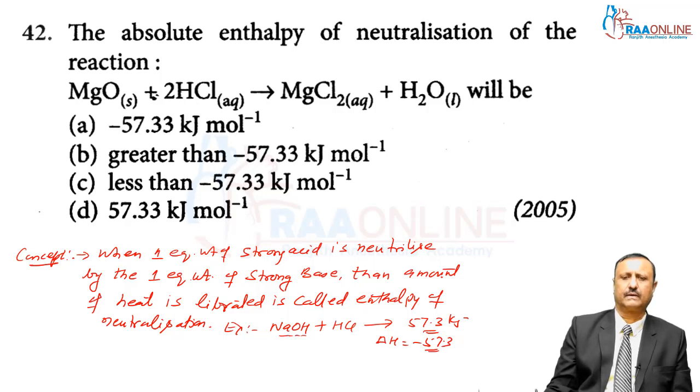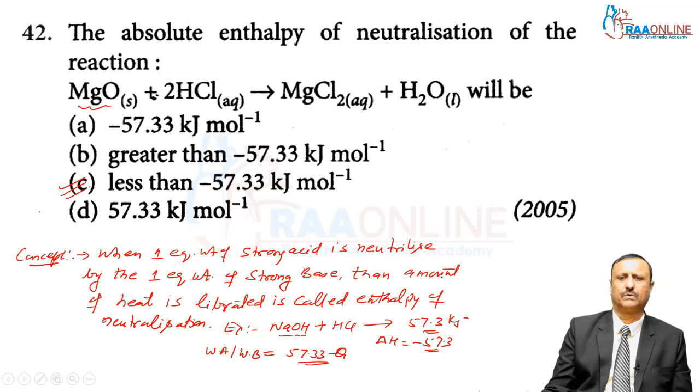But when you take a weak acid or weak base, then the enthalpy of neutralization is less than 57.3. So, my dear students, you can see here MgO is a weak base, then NaOH. So, here twice HCl, heat of neutralization is less than 57.3 kilojoule per mole.